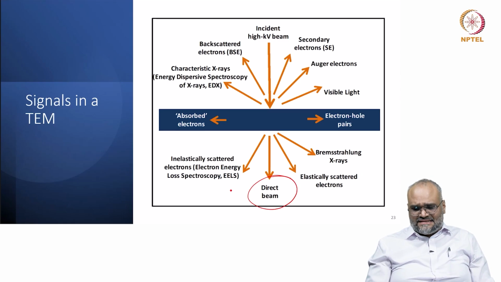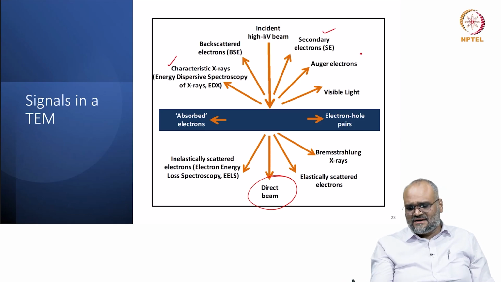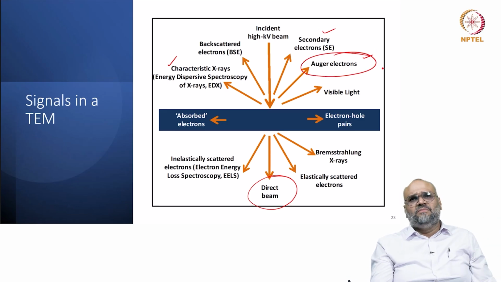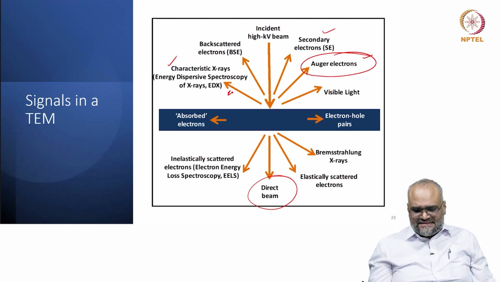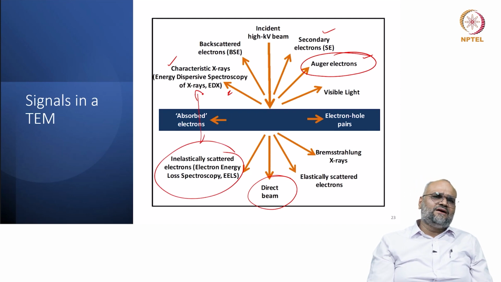And from the inelastic signal that is coming, like the characteristic X-rays, the secondary electrons or the Auger electrons. Auger electrons are primarily fixed to SEM, but with the help of characteristic X-rays and the inelastically scattered electrons, you can do chemical fingerprinting and also understand the functional properties of a material.